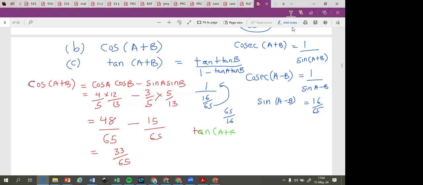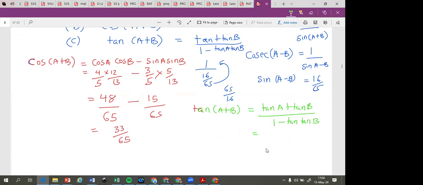So we say tan of A plus B is the same as tan of A plus tan of B out of 1 minus tan of A tan of B. So members, what was your tan A? 3 out of 4.